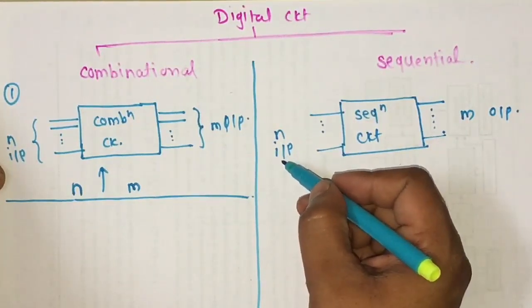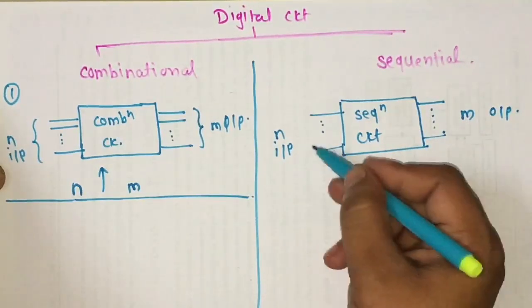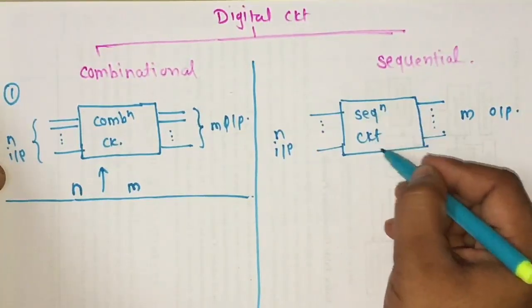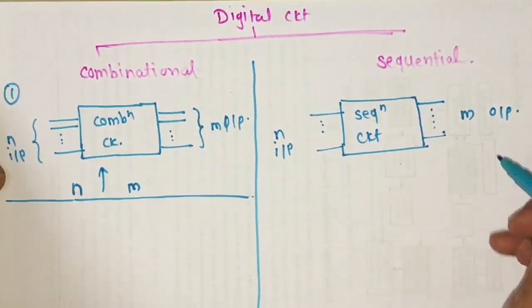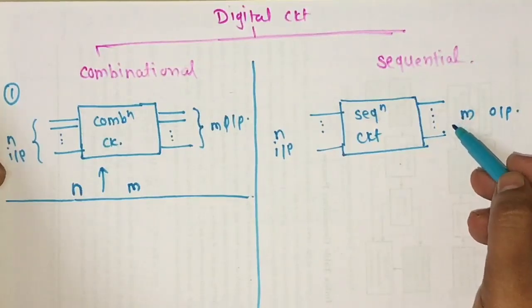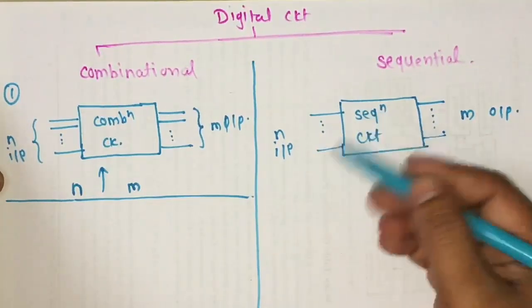Again there will be a relation between n and m, indicated by this logic. Now, what is the definition of sequential circuit? Here the output of this circuit depends on present input as well as past output.